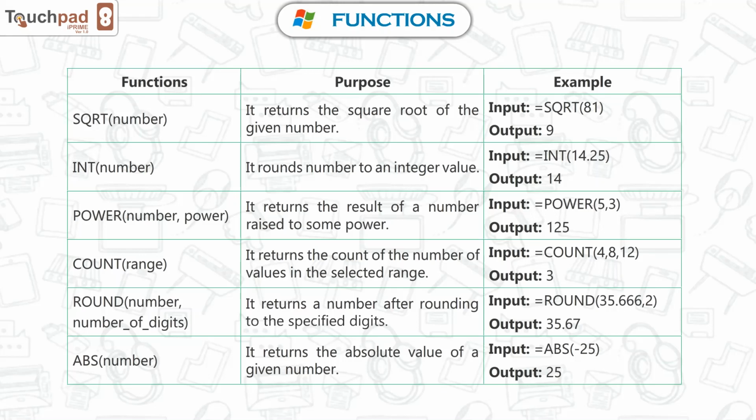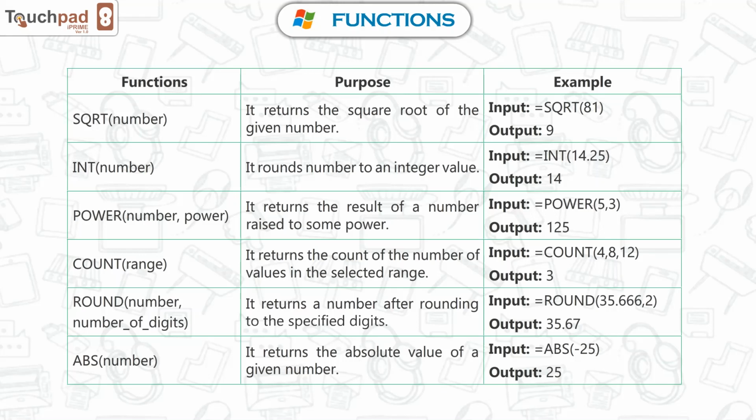ROUND(number, number_of_digits). It returns a number after rounding to the specified digits. Input is =ROUND(35.666, 2).